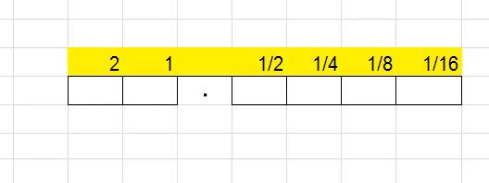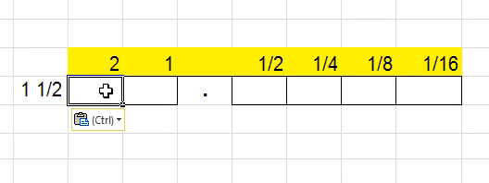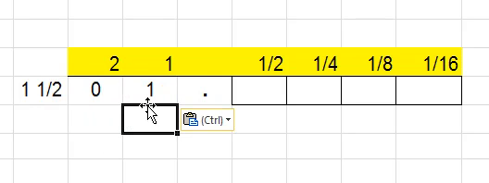So I'm going to start off by representing 1.5. So I'm going to represent 1, which is simple. The way we go in binary is we do a half, 1/4, 1/8, 1/16, 1/32, 1/64, etc. down.